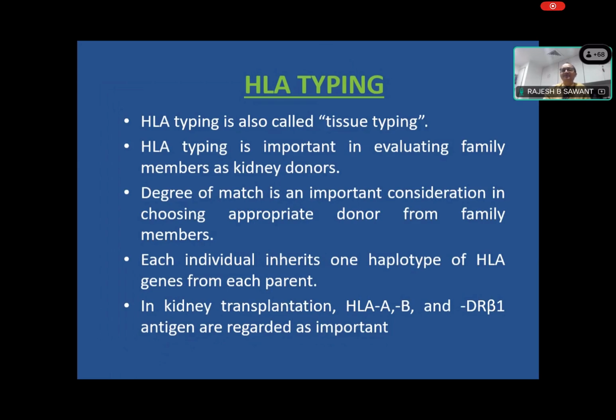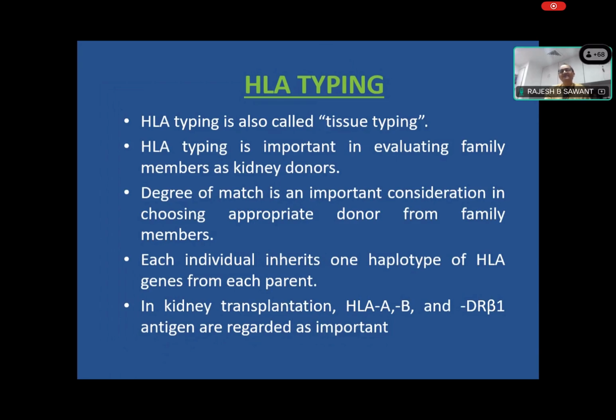Degree of match is an important consideration in choosing the correct donor from the family, because all of us may not match to the same extent within the same family also, right? As I said, each individual will inherit one haplotype of HLA genes from each parent.